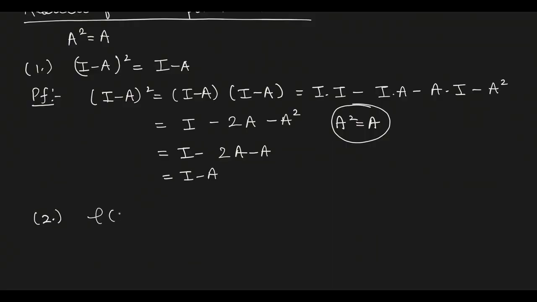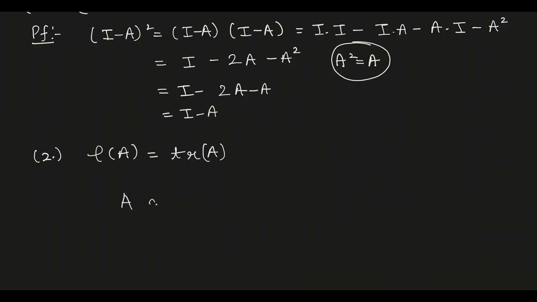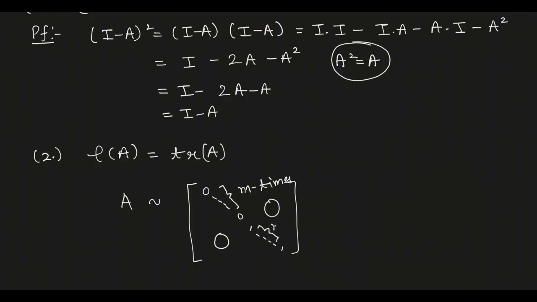Second, rank of A is equal to trace of A. If I see it like this, A is similar to this type of matrix whose m entries on the diagonal are 0, and these n minus m entries are 1.